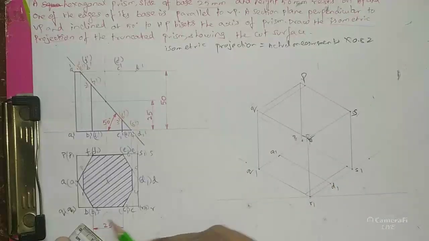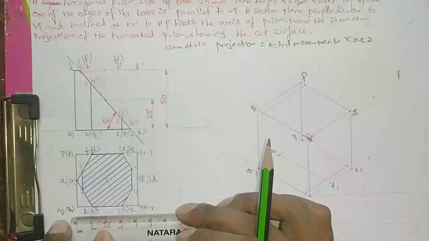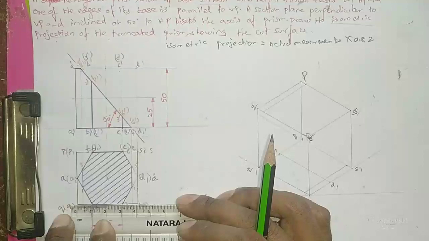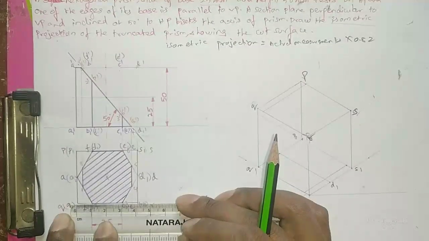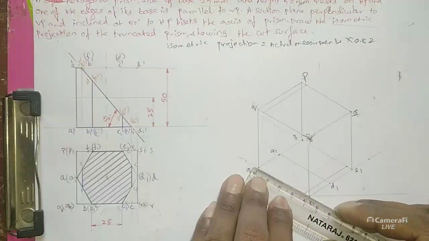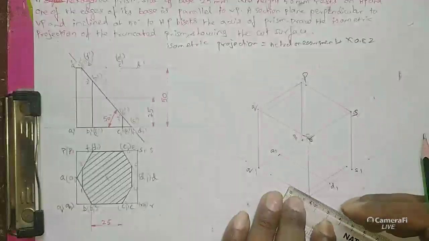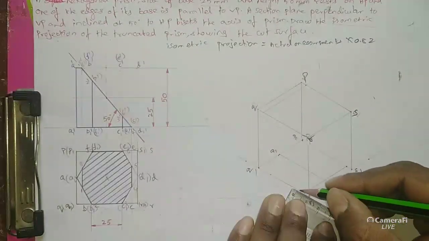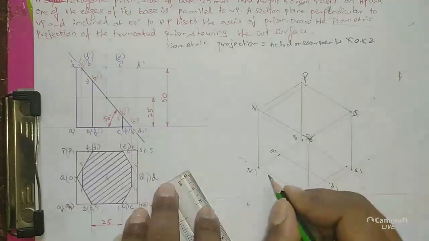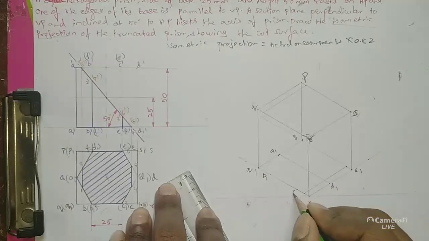Similarly, we have to mark point B1 and C1 here. The measurement for point B1 is exactly 1, so here mark 1 mm, and here again we have to mark 1 centimeter or 10 mm, right? So this is point B1, this is point C1.